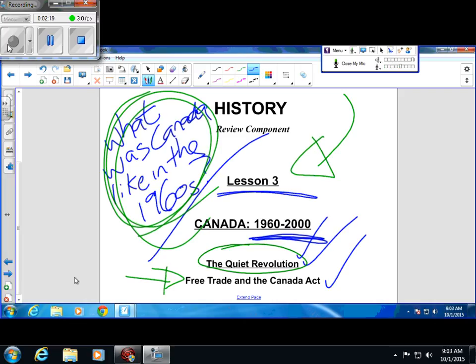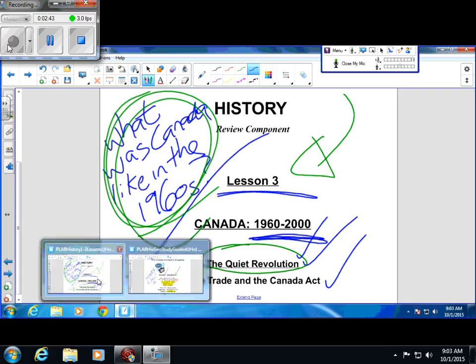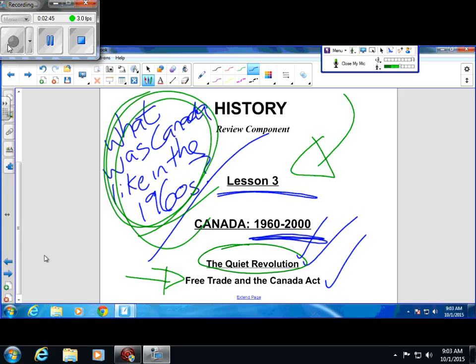Once I finish the review, I'll talk about our learning goals for today. If you're following along in your textbook, I am on pages 19 and 20. If you have any questions, please let me know, and I'll answer your question.